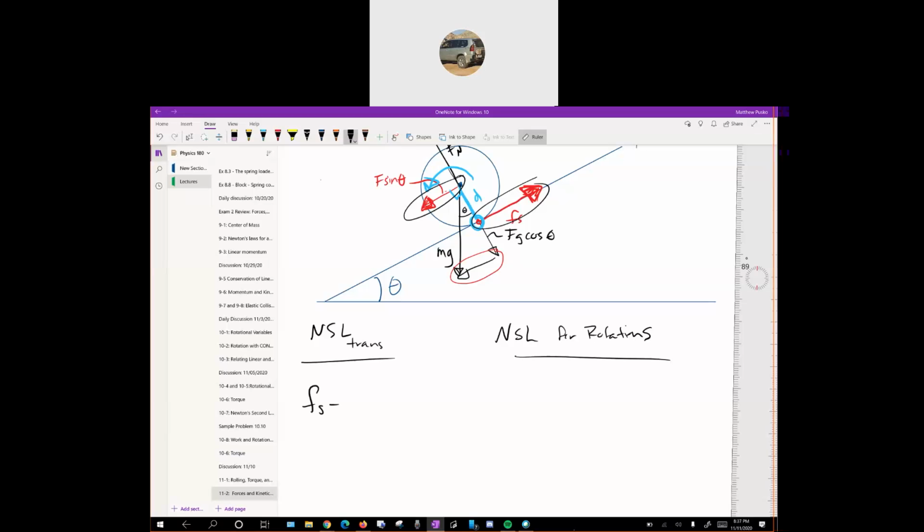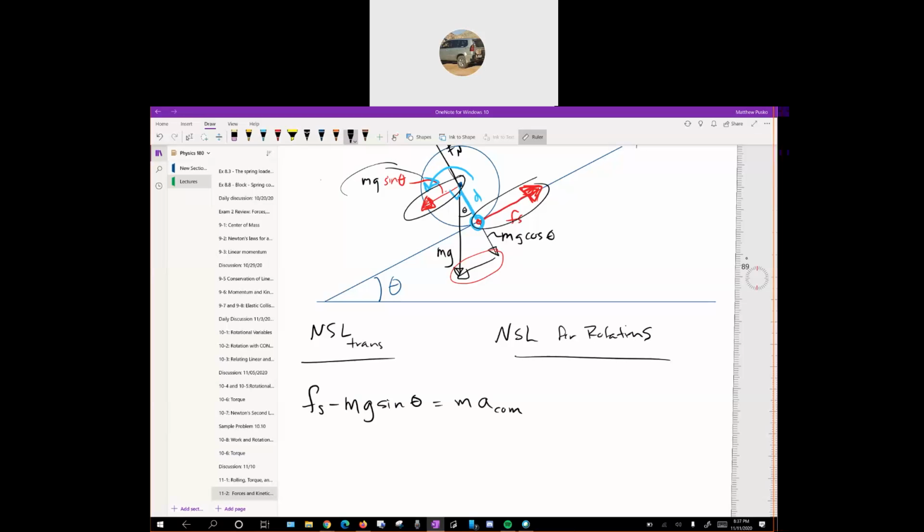Then we have mg sine theta going down the plane. And that's all going to equal the mass times the acceleration of the center of mass.